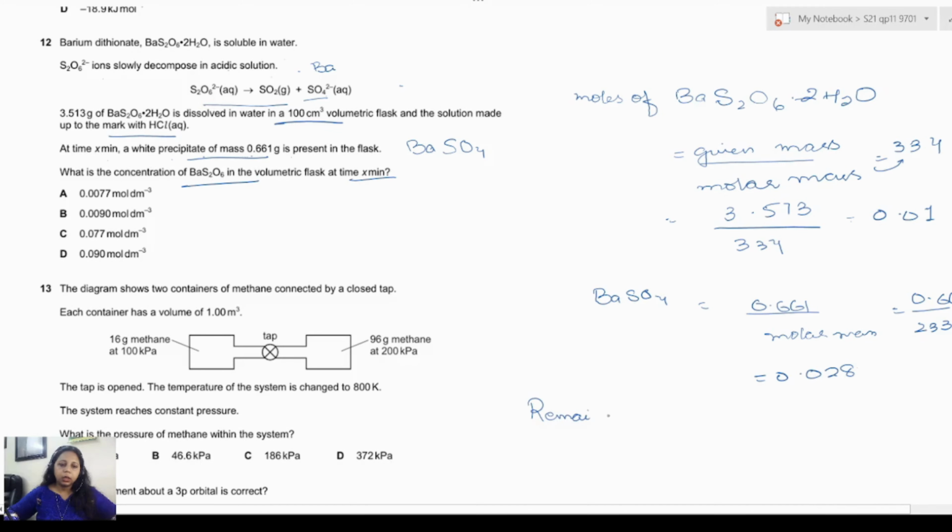Let's say remaining moles, 0.01 minus 0.028, and the answer is almost 0.0077. Okay, this one is your answer. So C is the correct answer. So you have to do the calculation. Sorry for this because I'm doing the calculation on the other screen.